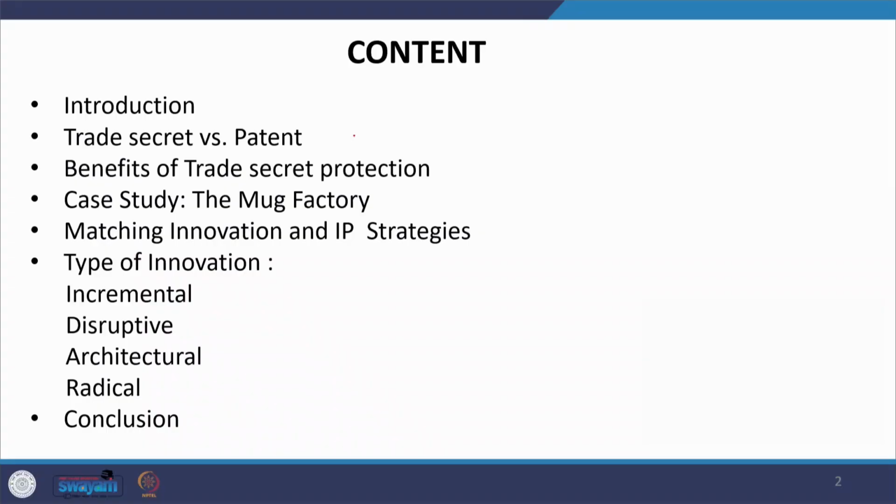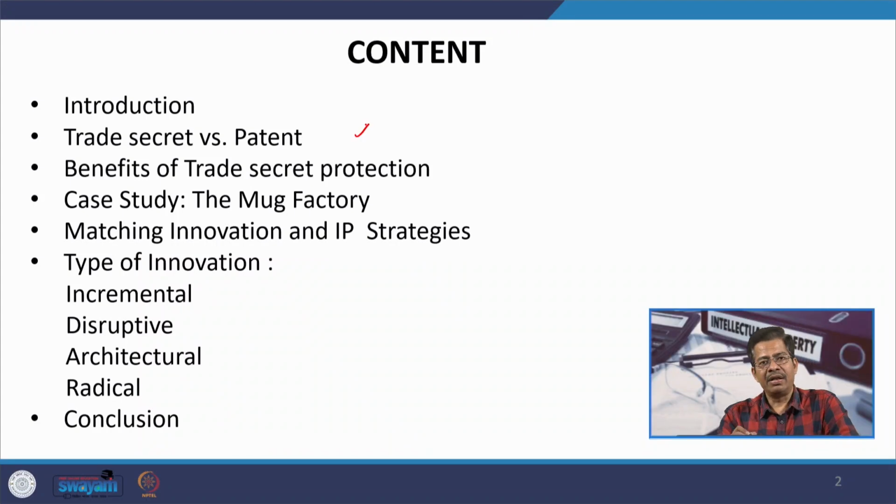So, as we are going to start this session, the first particular thing we are going to discuss is trade secret versus patent, and many a time this confusion is there, should I go for trade secret, should I go for patent. Then we will see what are the other types of innovations, and based on that we will discuss which IP strategy or how we are going to protect our innovations.